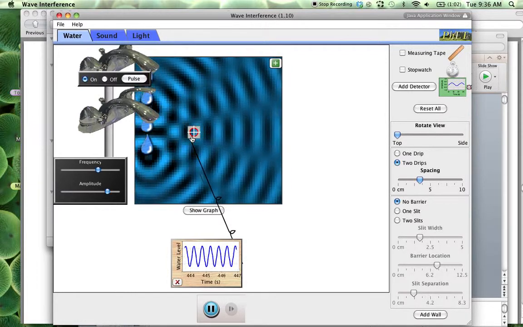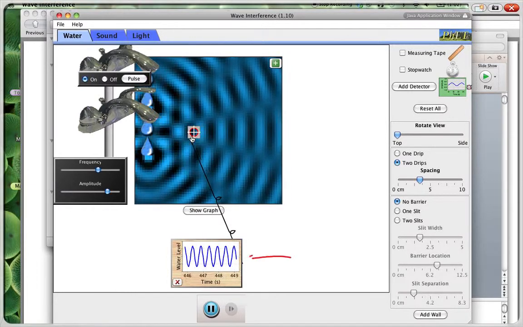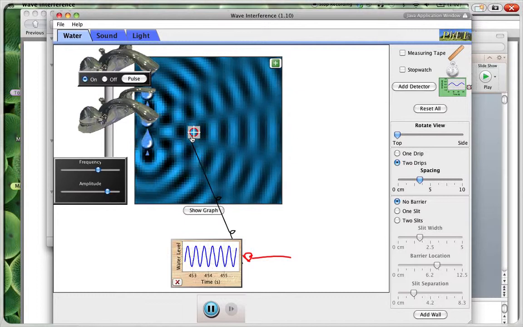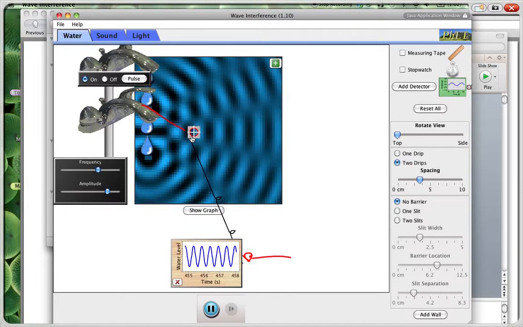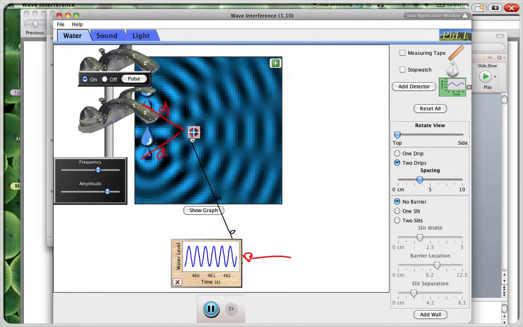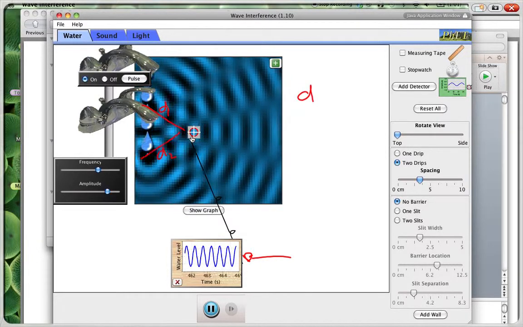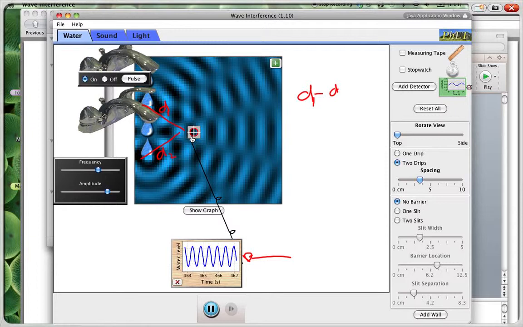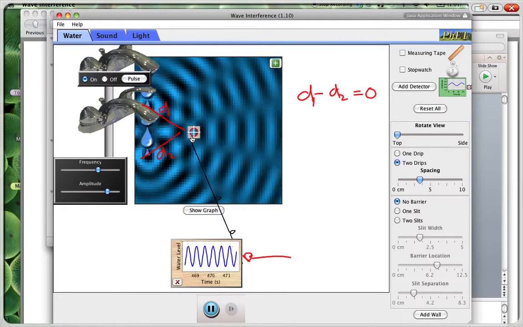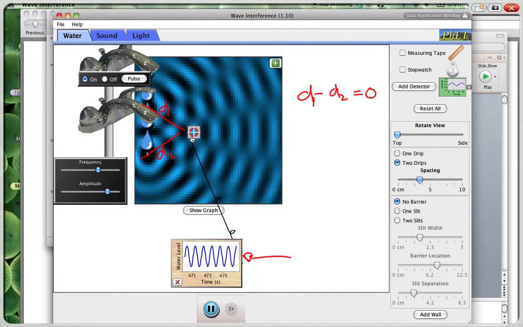So they're actually adding together. That's why we're getting a much bigger wave, an increase in the wave amplitude there. And if we look at that D1, D2, D1 minus D2 is actually equal to 0. They're an equal wavelength there, so they're coming in phase.